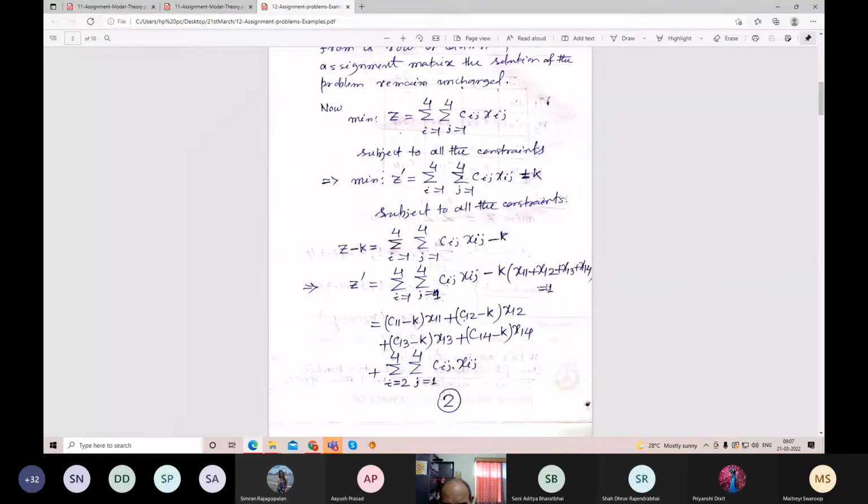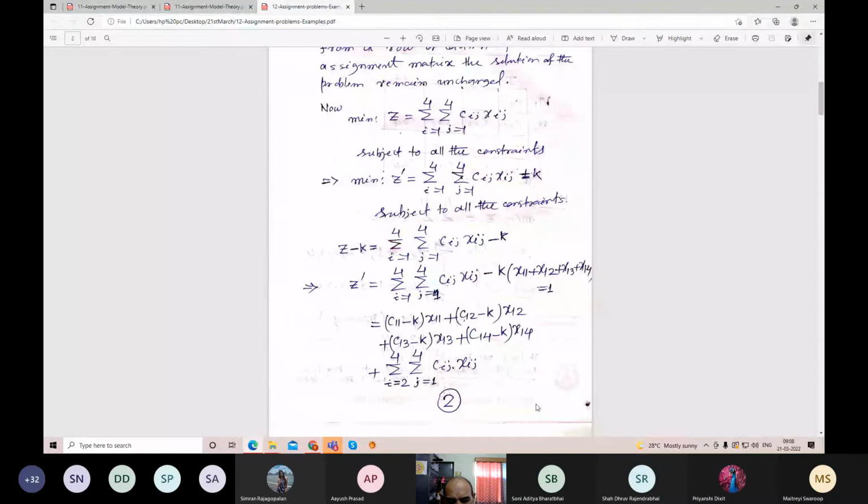So this will be actually k. So once you subtract, this new objective function becomes z dash. So z and z dash differ only by k amount, either increased or reduced, but the solution is not changing.